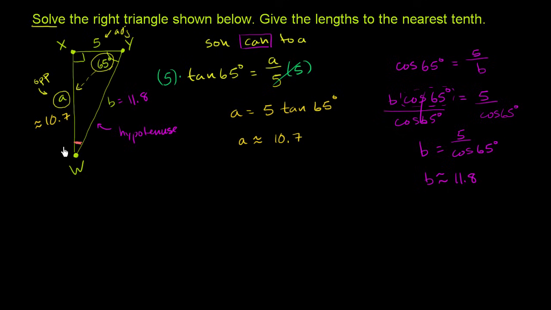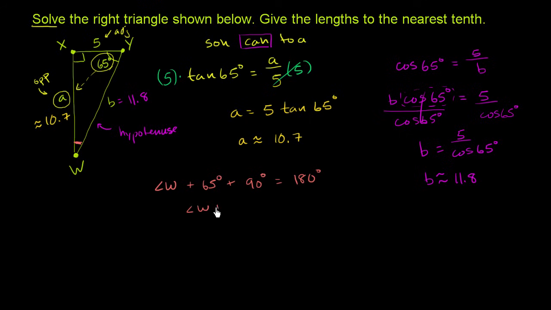Well, here we just have to remember that the sum of the angles of a triangle add up to 180 degrees. So angle W plus 65 degrees, that's this angle right up here, plus the right angle, since this is a right triangle, they're going to add up to 180 degrees. We could simplify the left-hand side: 65 plus 90 is 155.